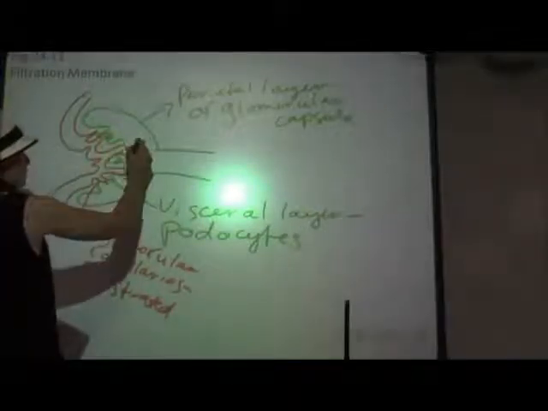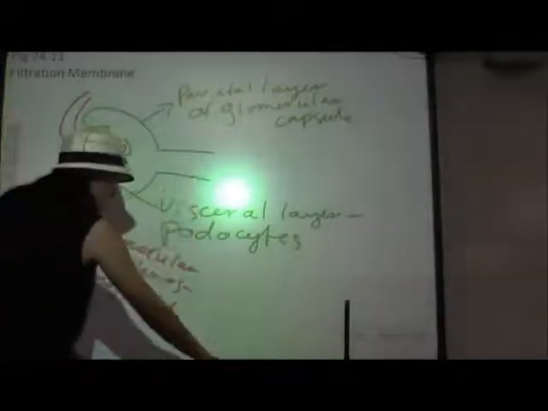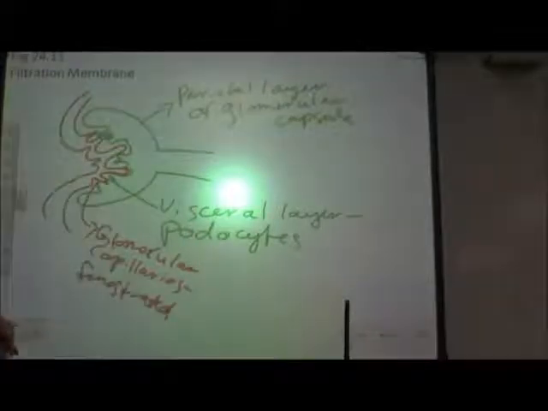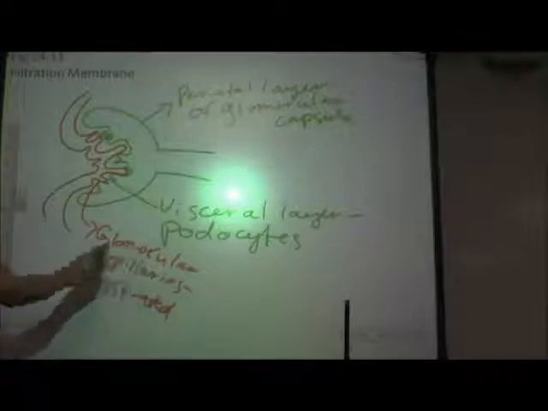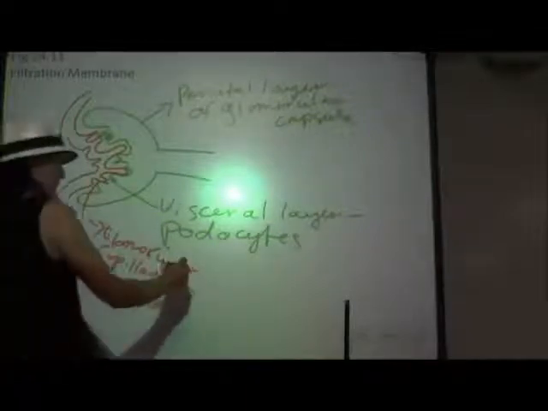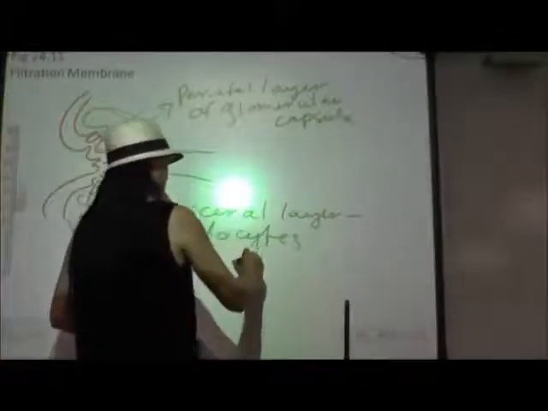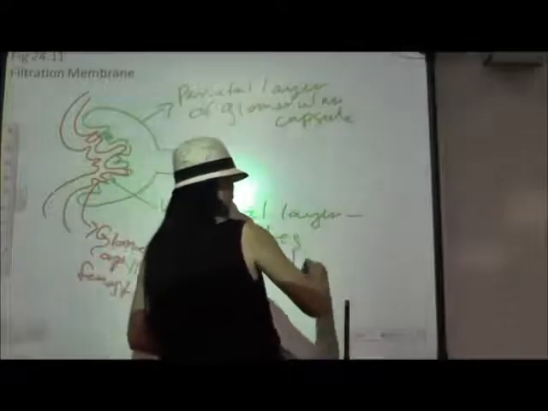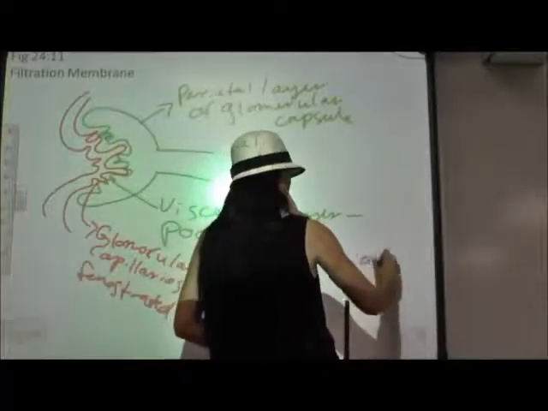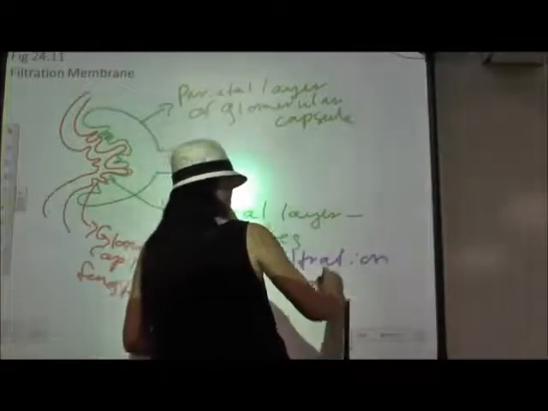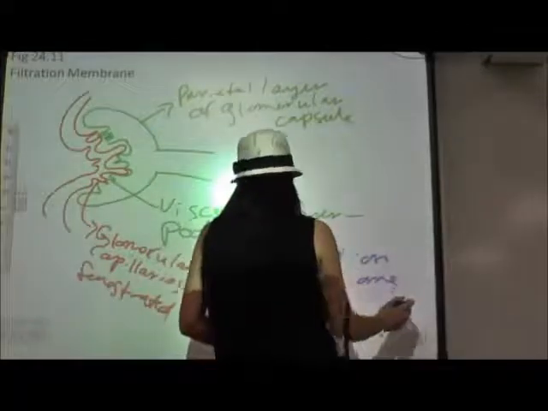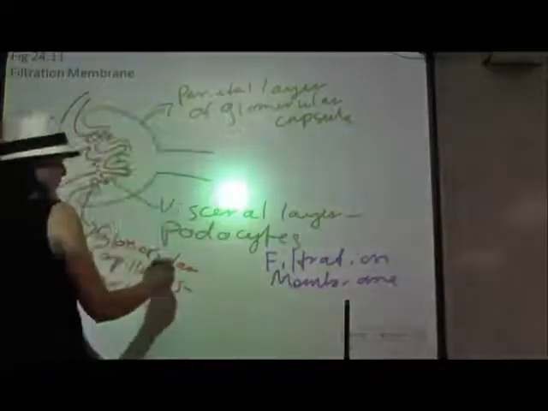If we look at this inner layer, then filtration is going to happen across what's called the filtration membrane. The filtration membrane has three parts. We'll say that this is our filtration membrane. This is the surface across which filtration happens, and it's got three parts.